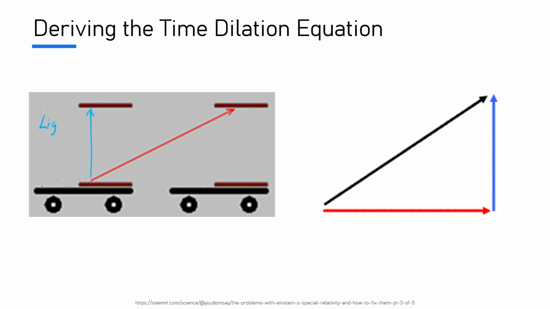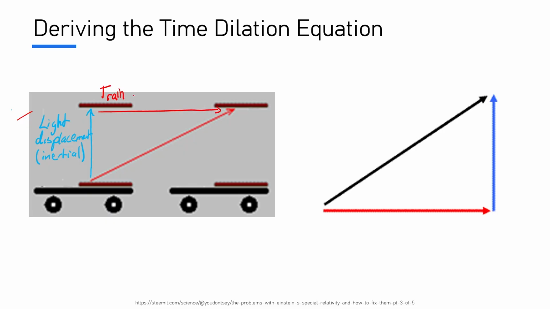So in our diagram on the left, a diagonal arrow is showing what our external observer will see. However, we can break this up into some components. We've got in blue the light displacement that a person in the inertial frame of reference will see.